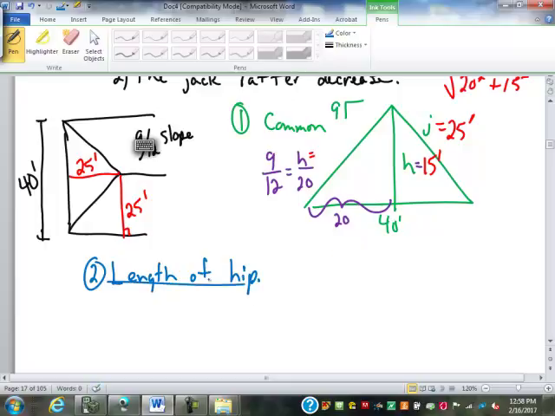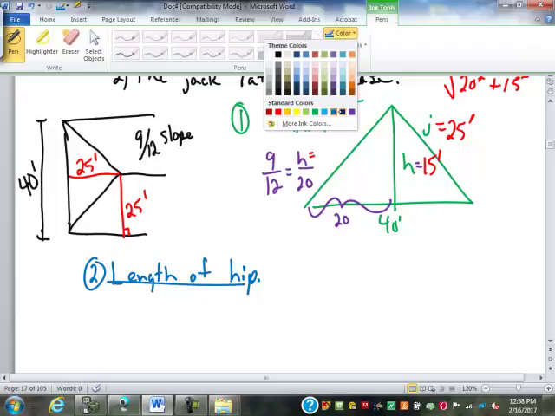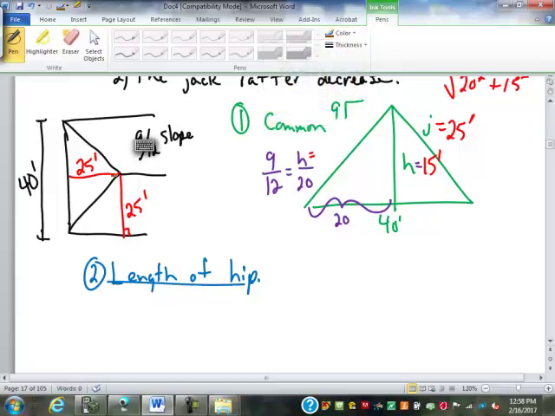Let's find the length of the hip, the corner, right? How are we going to find that here? We have that triangle. We know this is 25, right? What else do we know? This is 20. So, how do we find this one?